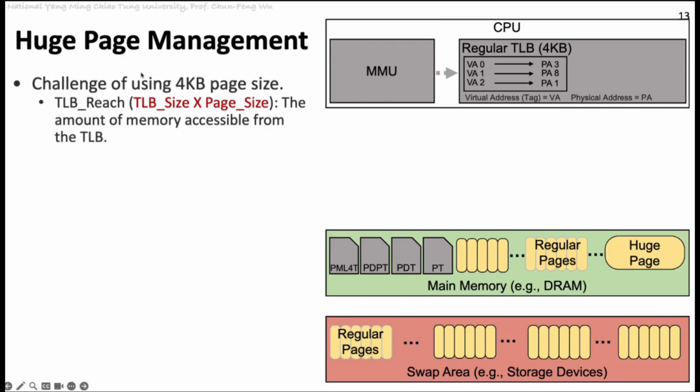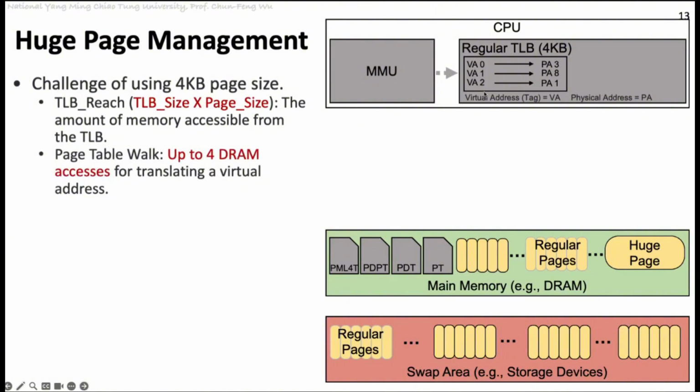So you have 1024 entries and each page is 4 kilobytes, so you can address a 4 megabyte area. But with the same 1024 TLB entries, if the page size is 2 megabytes, then you can address up to 2 gigabytes of memory. So you will largely increase the TLB reach.